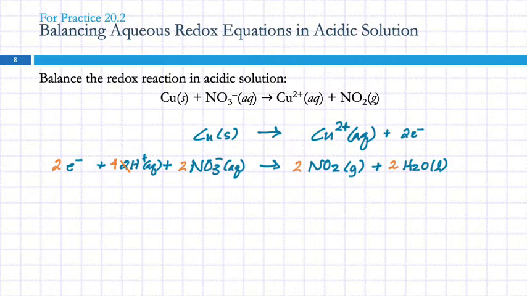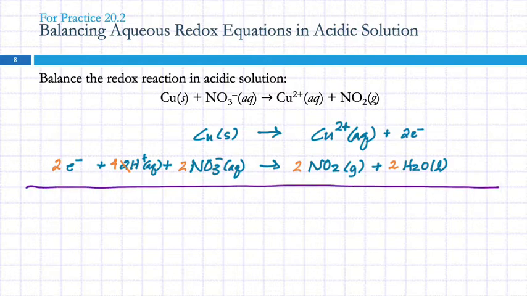It's still balanced because I did the same thing to everybody. Now we can add this together. And I've got 2 electrons on the product side and 2 electrons on the reactant side, so those cancel out.